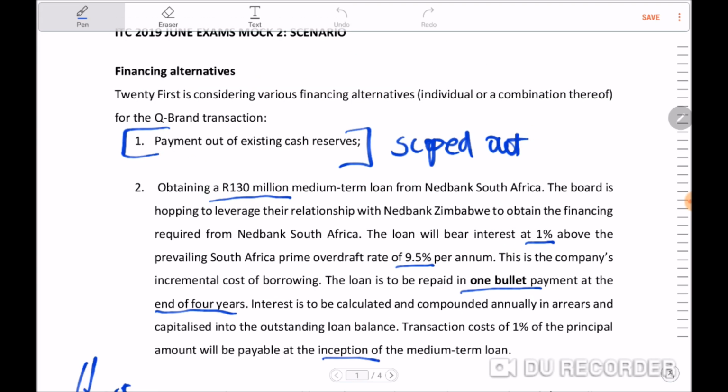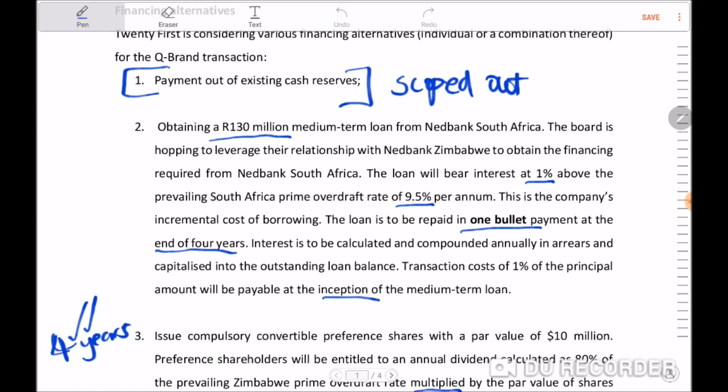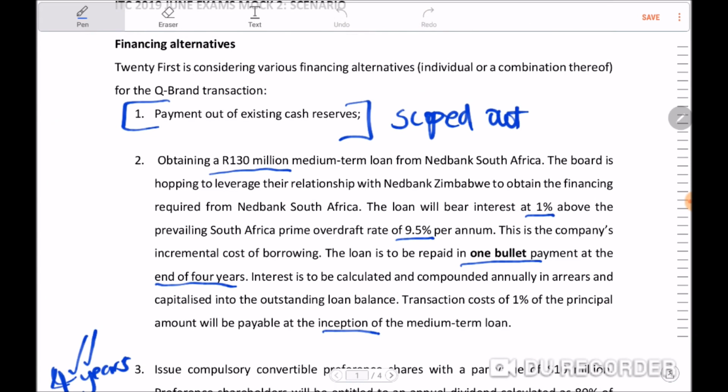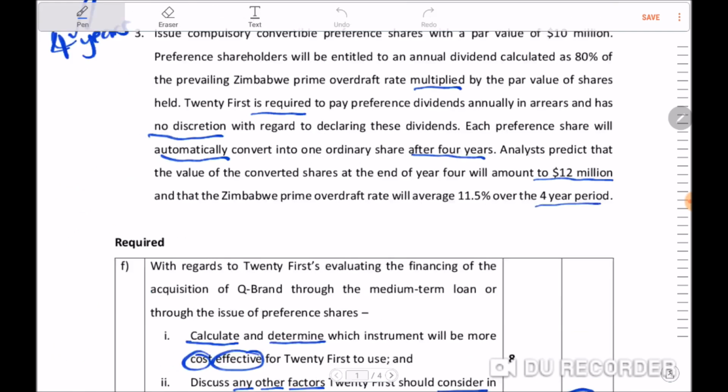Now going back to our scenario, for us to be able to calculate our medium-term loan in terms of the cost, we've been given the present value of the loan, which is 130 million, and then from the 130 million, a transaction cost of 1% of the principal amount will be payable at inception of the medium-term loan.